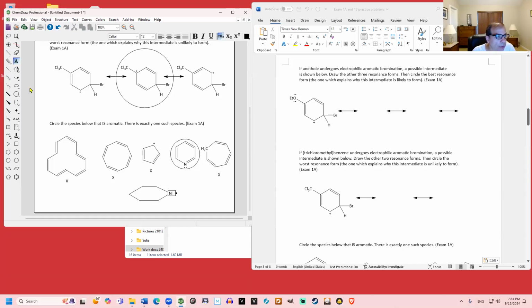It can go anywhere. We've got our 3 pi bonds. Where are my p orbitals? Do I have p orbitals? Oh, I do. Look at this. There's one here, one here, one here, one here, one on the nitrogen, and one over here.